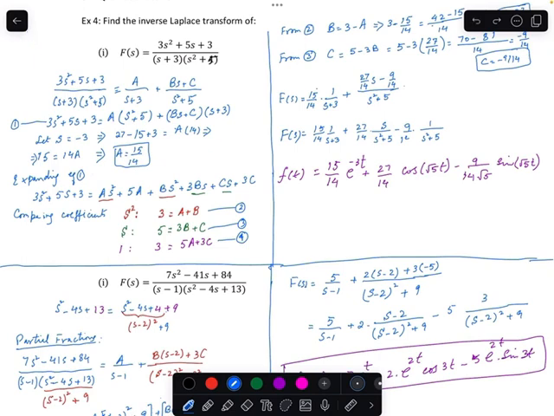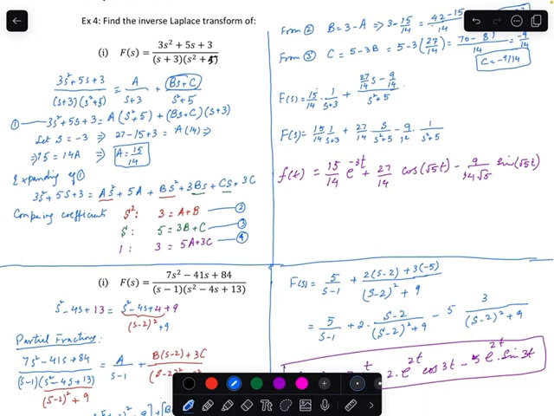So when we split into partial fractions, the expression on top of the quadratic factor will be a usual linear expression, like m s plus b or something.